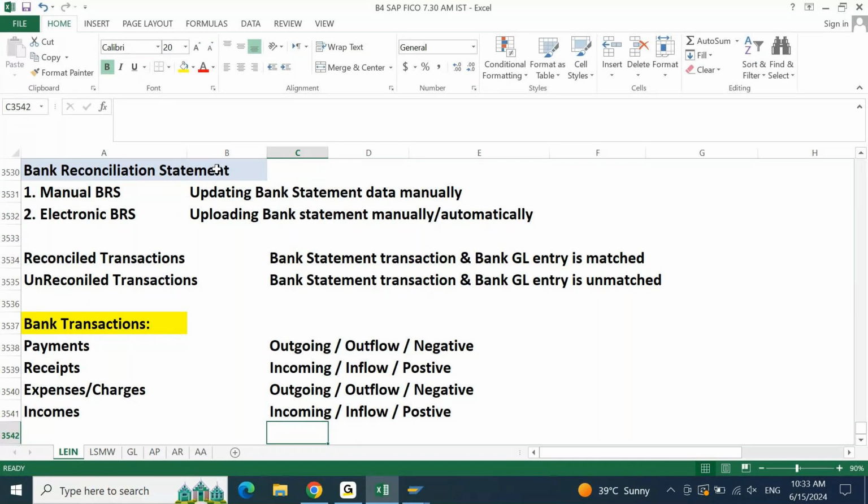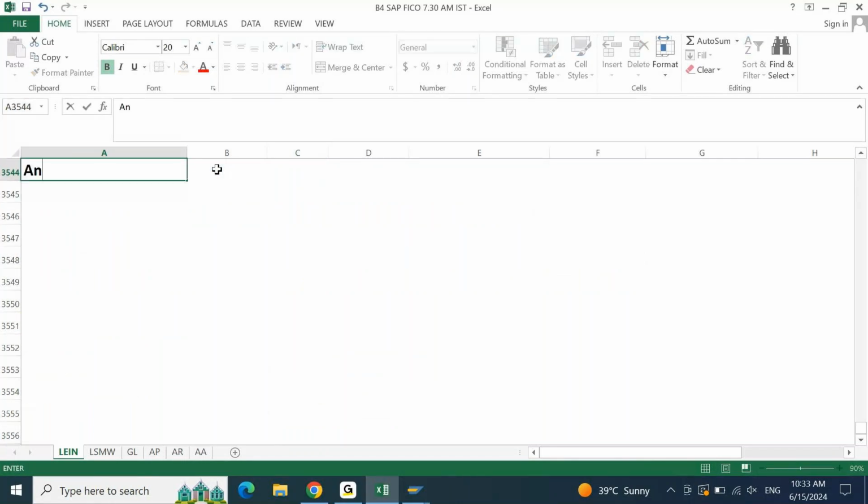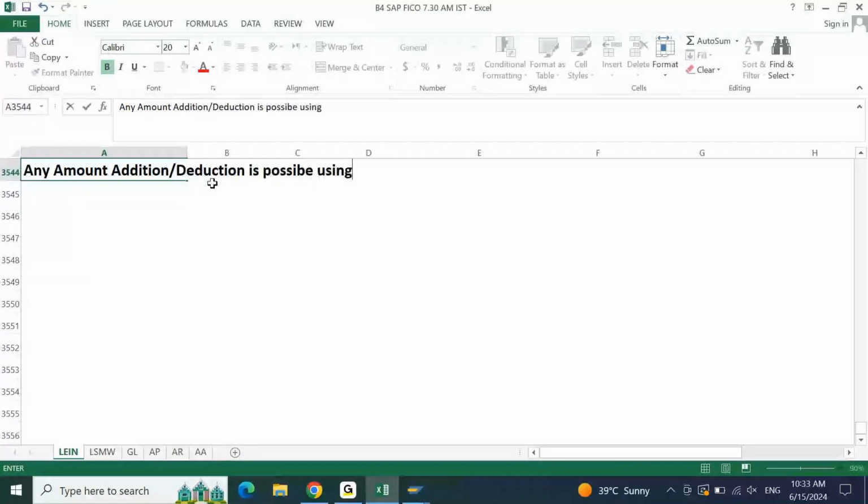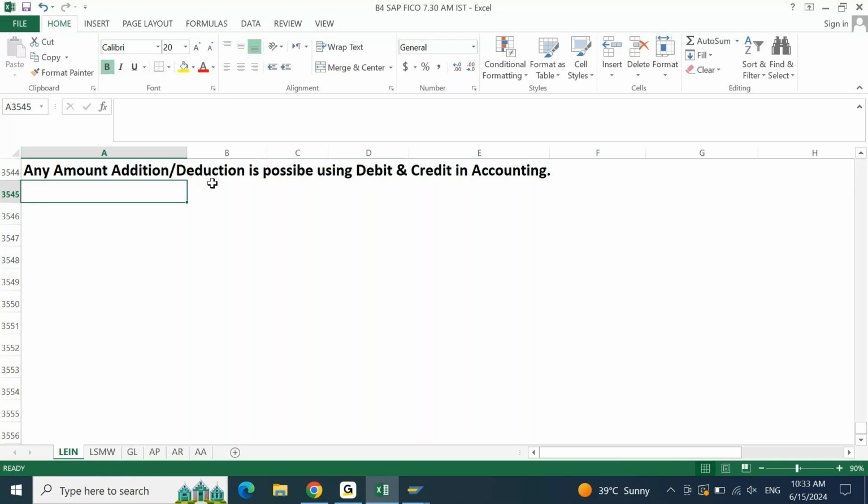Now, any transaction, we are all aware, any amount addition or deduction is possible using debit and credit in accounting.